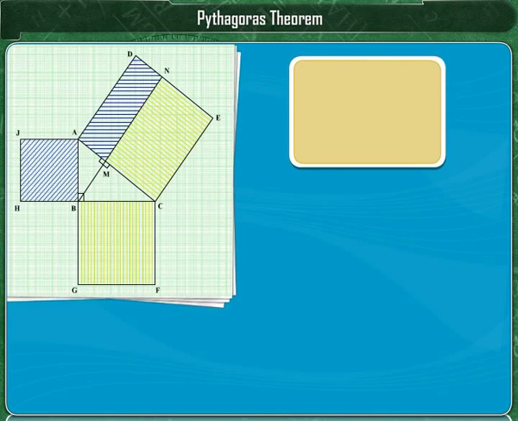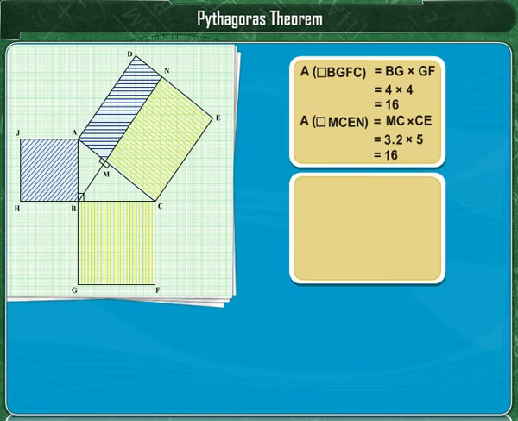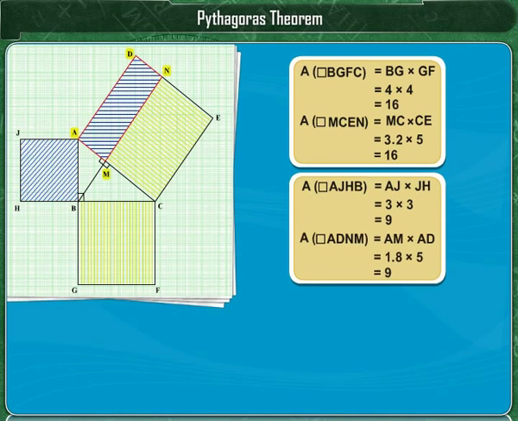Measure the areas of square BGFC and rectangle MCEN. What do you find? The areas of both these figures are equal. Also, measure the areas of square AJHB and rectangle ADNM. What do you find here? Even here, in this case, both the areas are equal.